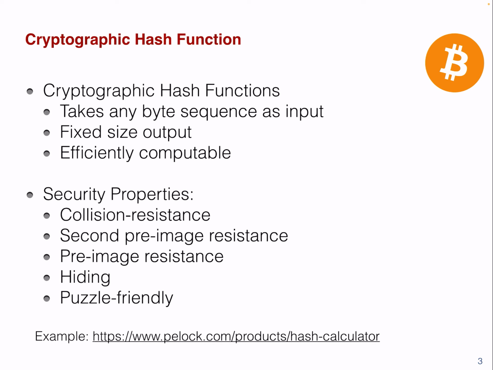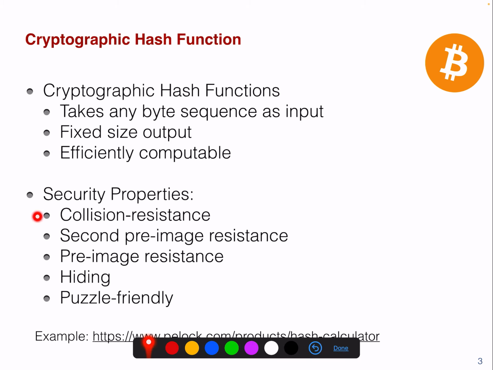From a security perspective, there are quite a few properties that hash functions may exhibit or may not exhibit, depending on which ones you're looking at. Notable ones are collision resistance, second preimage resistance, preimage resistance, hiding, and puzzle friendliness. Puzzle friendliness in particular is quite important for proof of work blockchains, as we will see in the dedicated proof of work lecture.